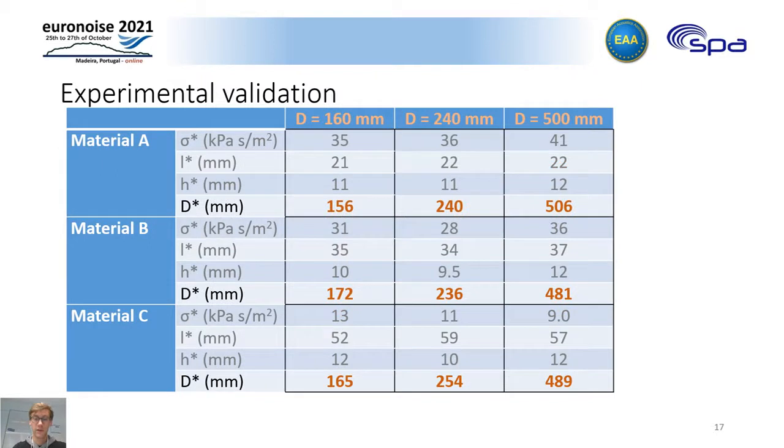As for the estimated air cavity depth, we had deviations of about 20 to 25 millimeters. However, this resulted in much lower relative deviations than for the other parameters because our air cavities were actually quite large for our cases.